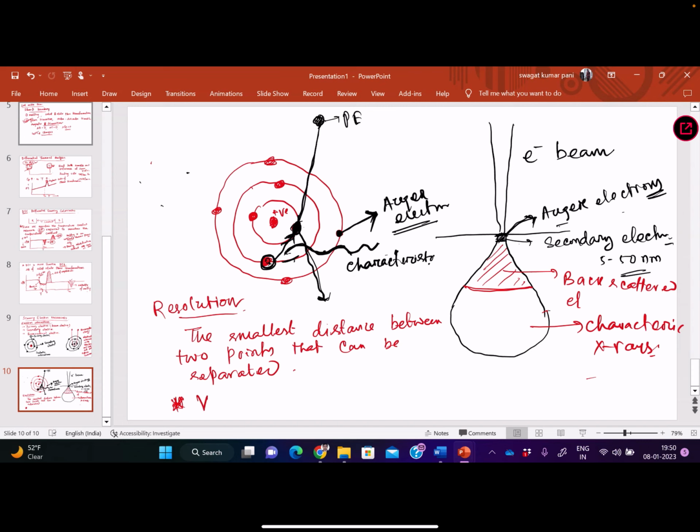One is the applied voltage, one is current, probe current, one is working distance.